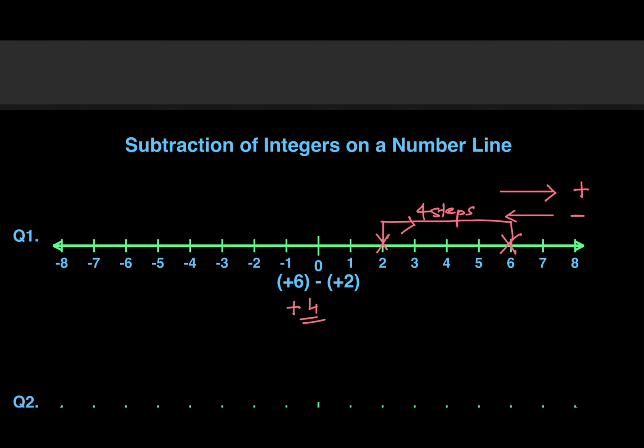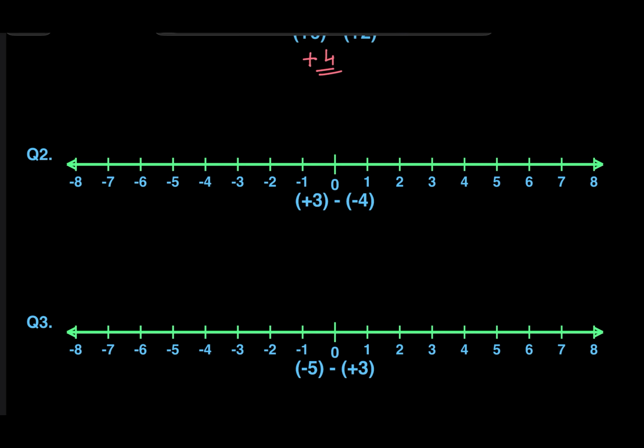answer. Question number 2. The first thing that you'll have to look out for, there is a negative sign between both the integers. Then plot both these, just plot. Positive 3 is here and negative 4, okay. Now, where do you start jumping from? From negative 4, because that is the one which is second, that needs to be subtracted.